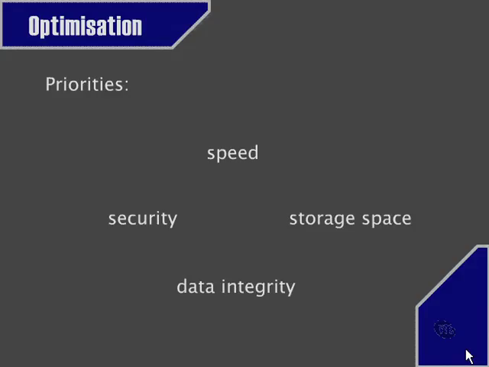Data integrity is very important. We've just looked at the normalization measures to ensure the integrity of data in the last movie, and speed is always an important factor. How important each of these factors is to your particular database is something that has to be worked out on a project-to-project basis.